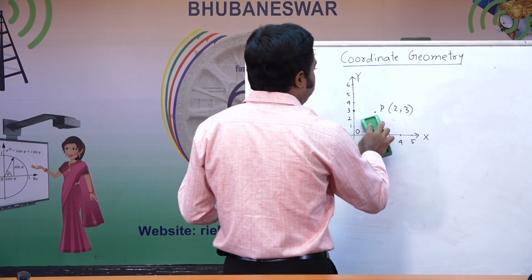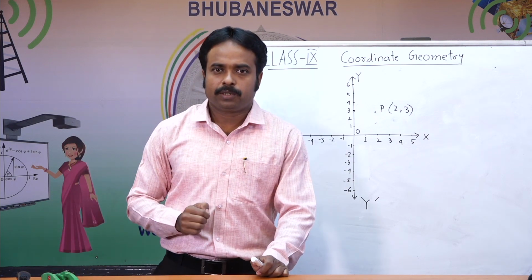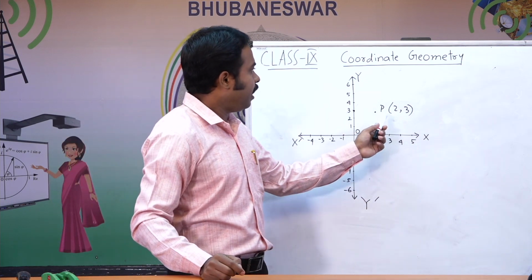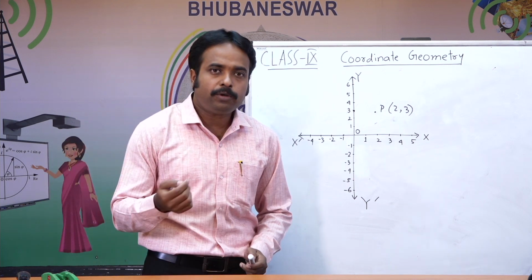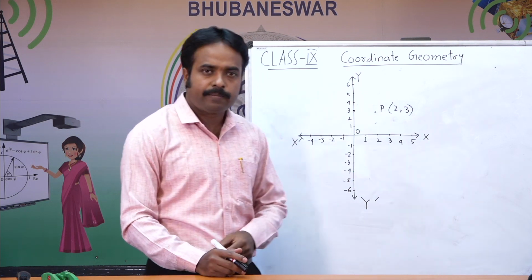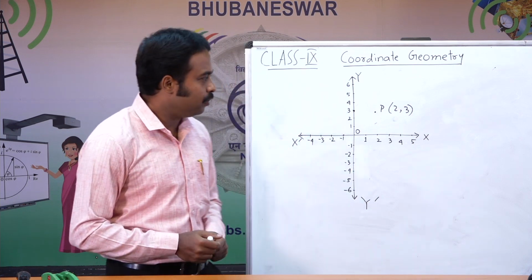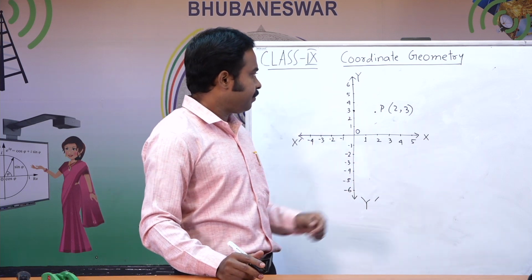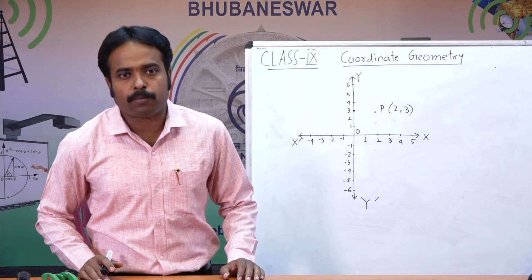So, if the point is (2, 3), and I ask you what would be the reflection of (2, 3) about the y-axis, how can we do that? First, we have to plot the point (2, 3) that is lying in the first quadrant. Now, if we keep a mirror on the y-axis, what would be the mirror image of this point?